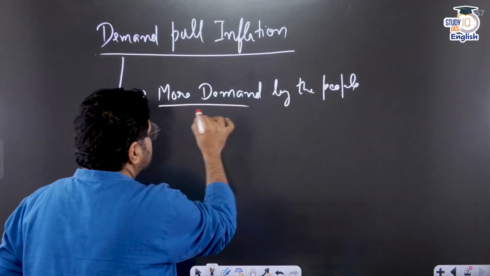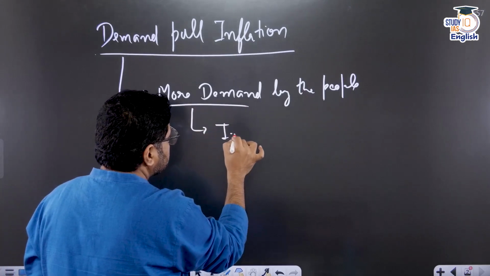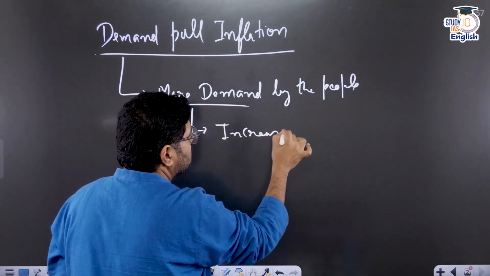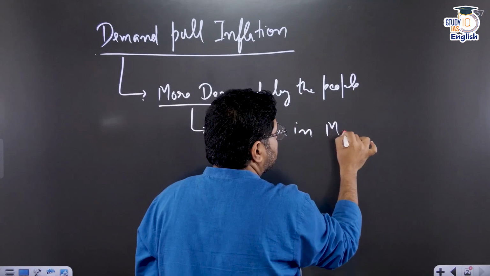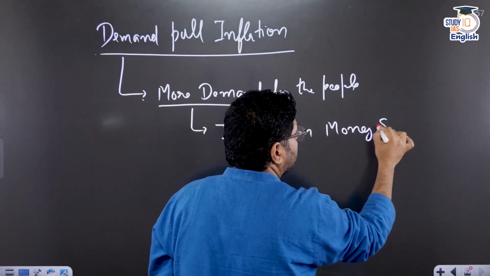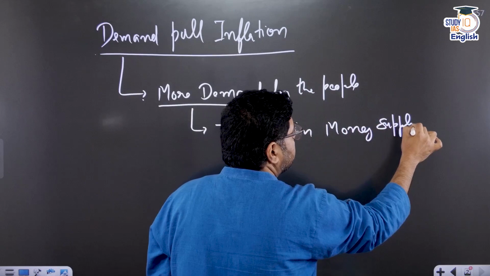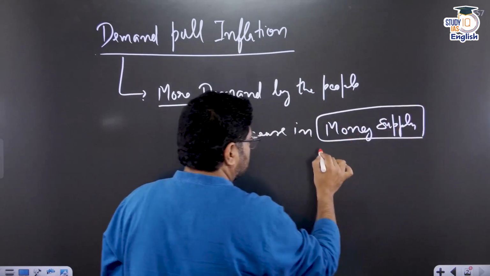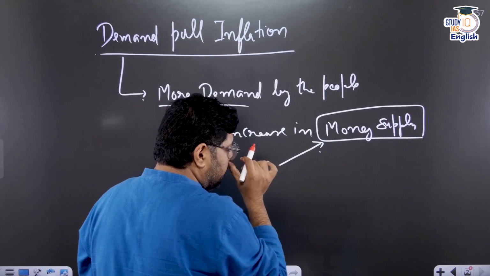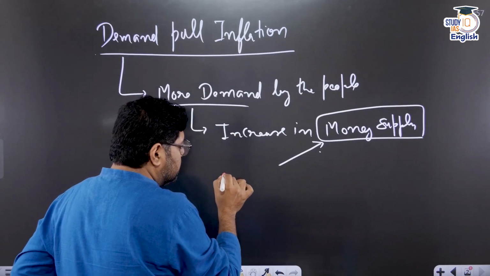Normally the reason for that increase in demand is an increase in money supply. So this is one of the reasons. This increase in money supply can be due to various factors.